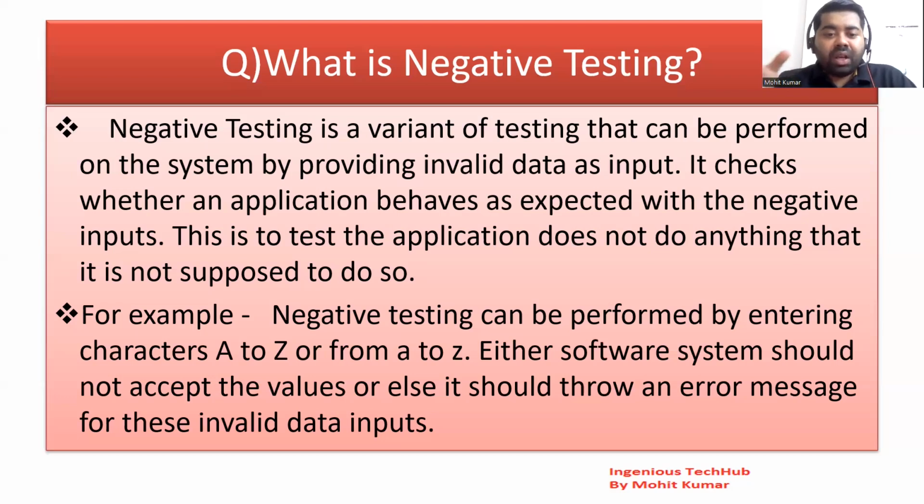For example, negative testing can be performed by entering the characters capital A to Z, small a to z. Either the software system should not accept the value or it should throw an error message for this invalid data input. And that error message should be proper, otherwise the user will not be able to understand.